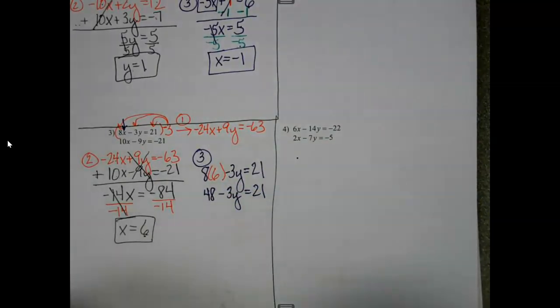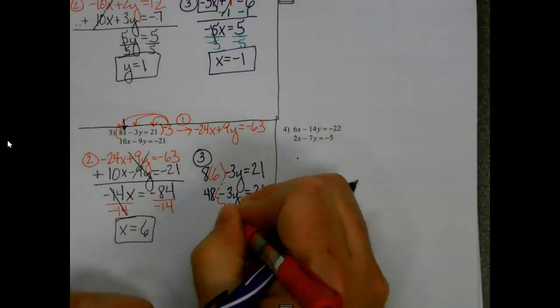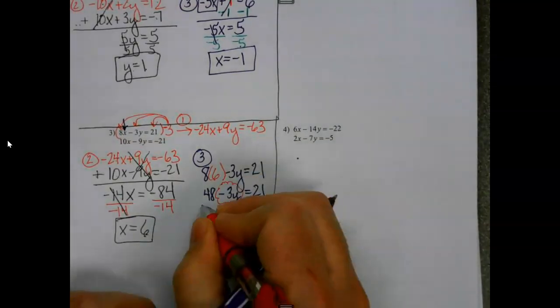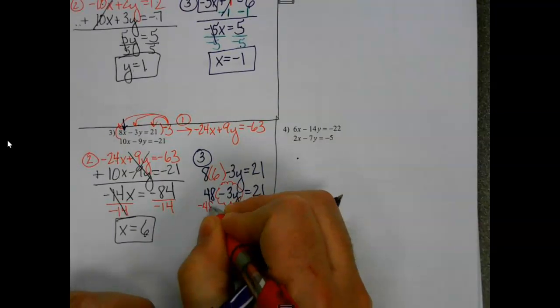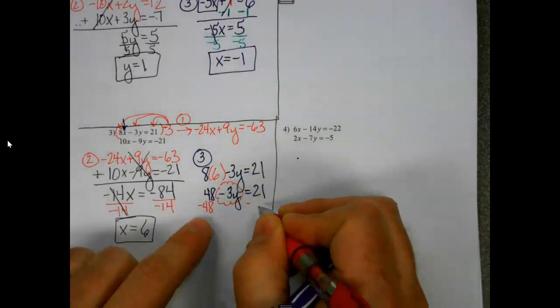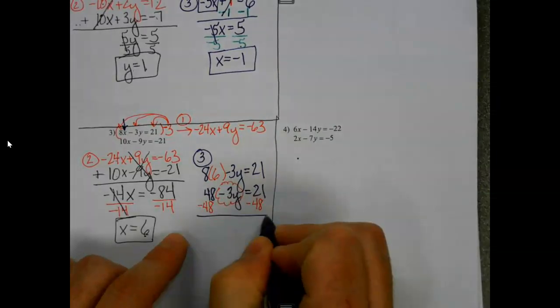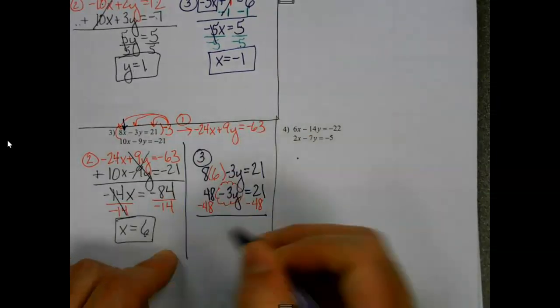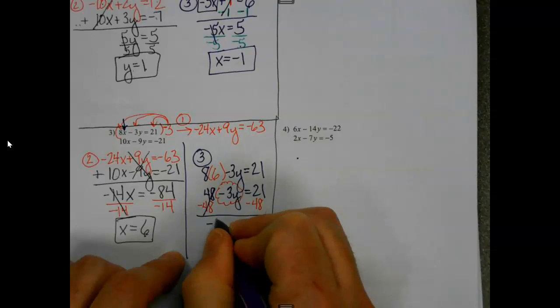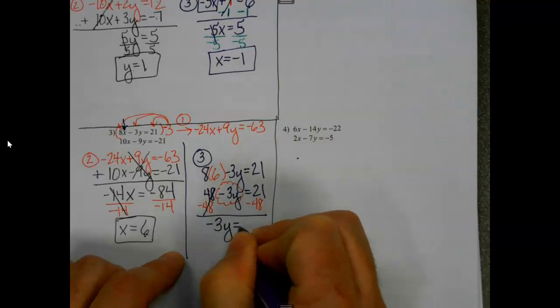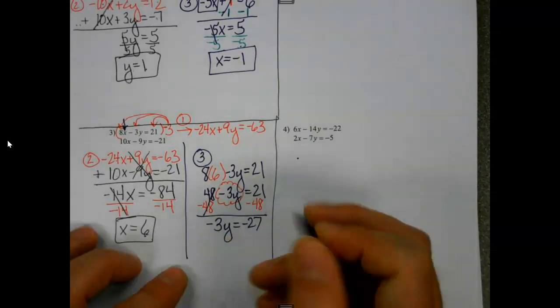Multiply that out, and here we go. Back to semester 1 business again. The opposite of positive 48 would be to subtract it out. Again, colors can be nice at times. That's why I got some in the back.